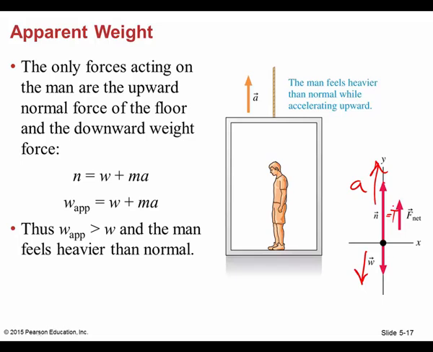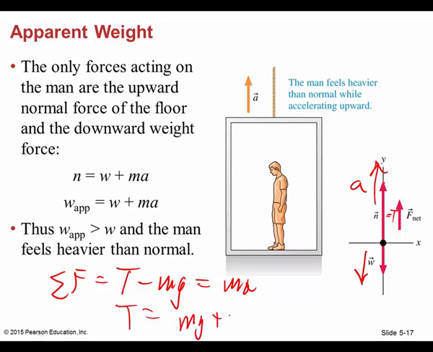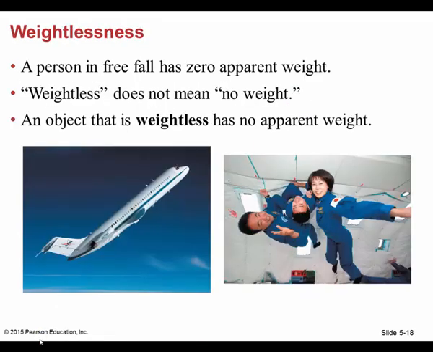If you write this, the sum of the forces is equal to T minus mg is equal to ma. Therefore, T is equal to mg plus ma. And mg is weight. And you say, well, wait a minute, I want to know my apparent weight. Well, the tension would equal your apparent weight.